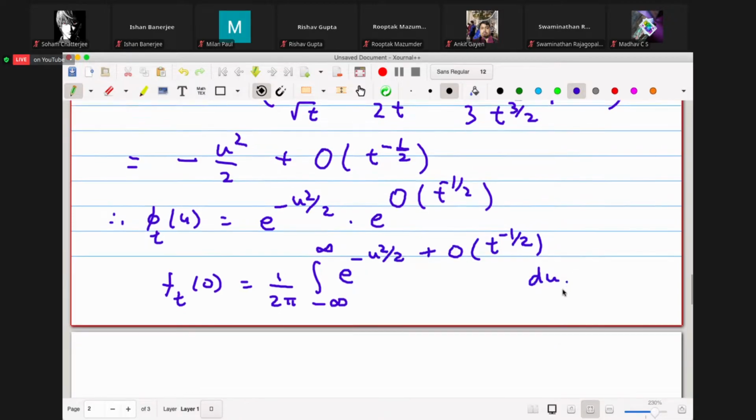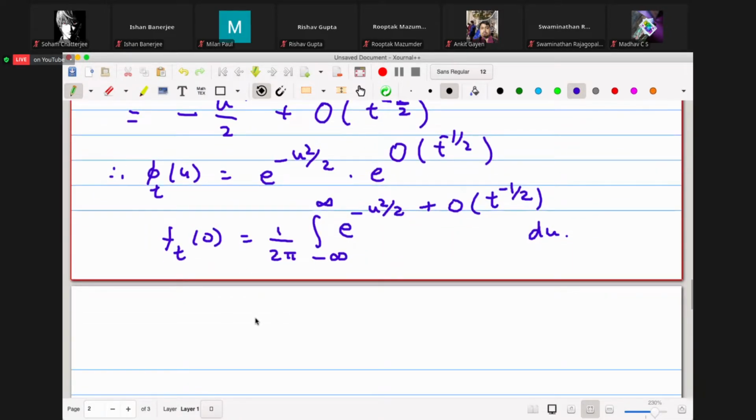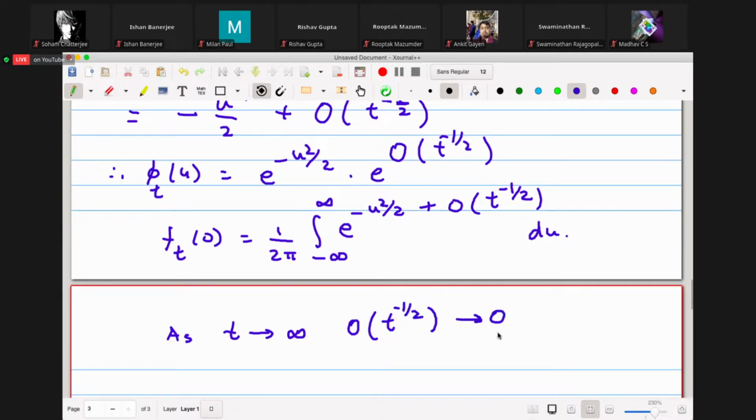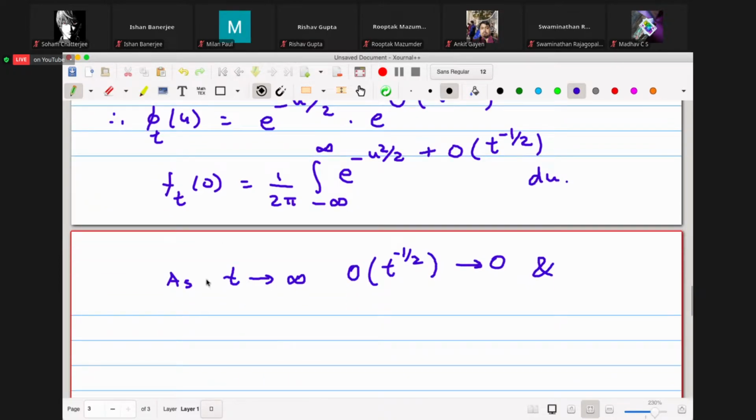Now, in the limit, some justification is needed to take the limit inside, and the justification is provided by what is called the dominated convergence theorem. So as t goes to infinity, this O of t power minus half goes to 0.